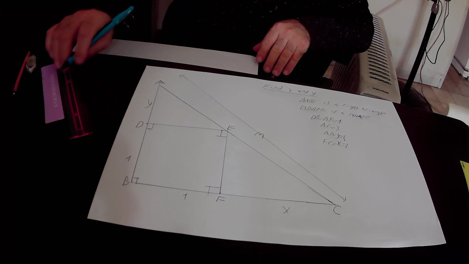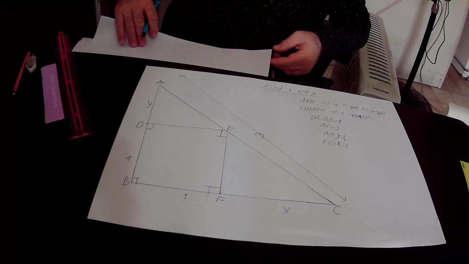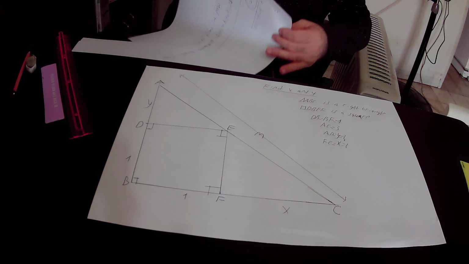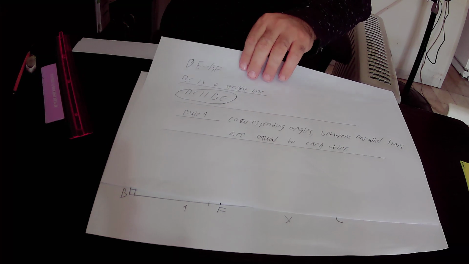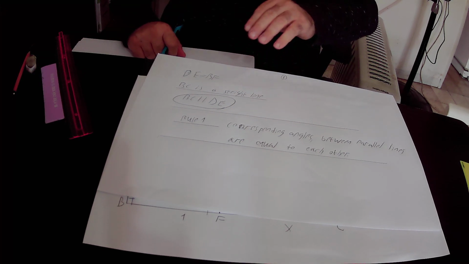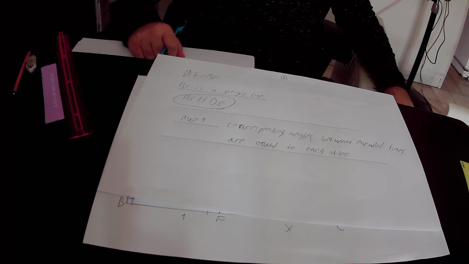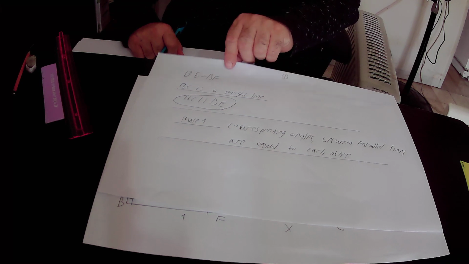So I read rule number 1 again: according to rule number 1, corresponding angles between parallel lines are equal to each other.